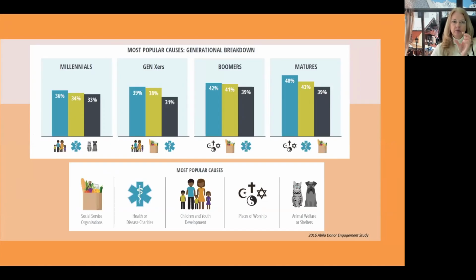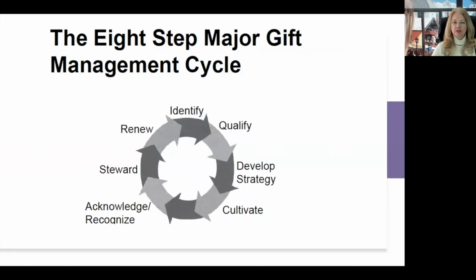The only way they really differ from the millennials is between the health and the social services. And then we have boomers, and then the matures are the ones that tend to be aging out right now. So this is important for you to keep in mind as you're thinking about who's going to be the best person who's going to want to support my organization.